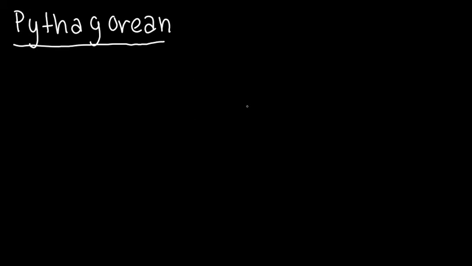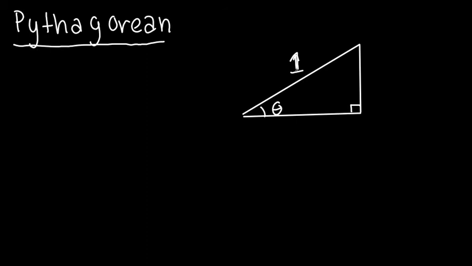I'm going to draw a right triangle again. Okay, so we have our angle right here, theta. And let's say that the hypotenuse of this is just 1. Let's say it's part of the unit circle, and this would just be the radius.